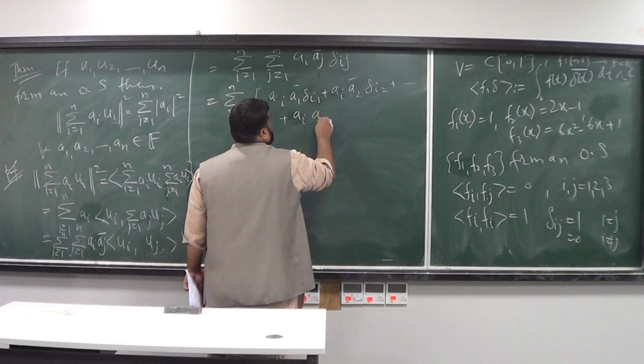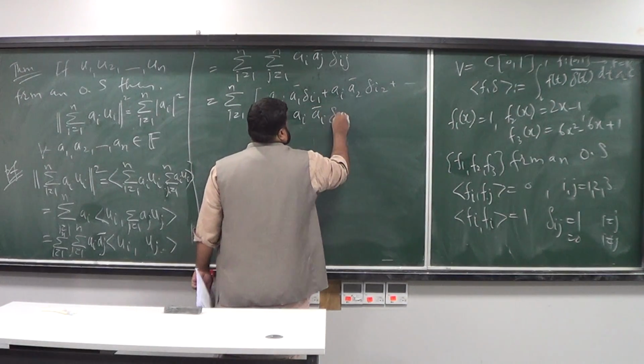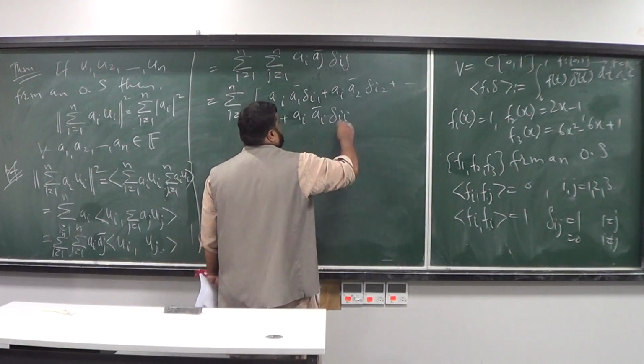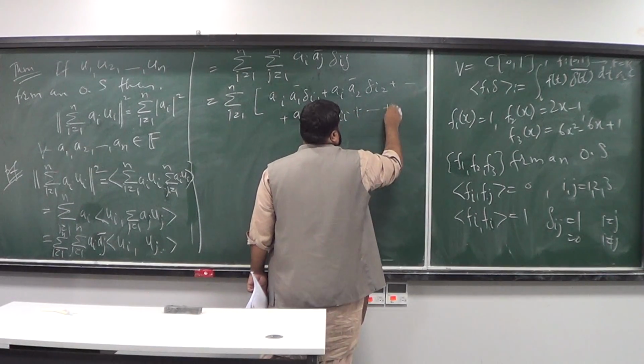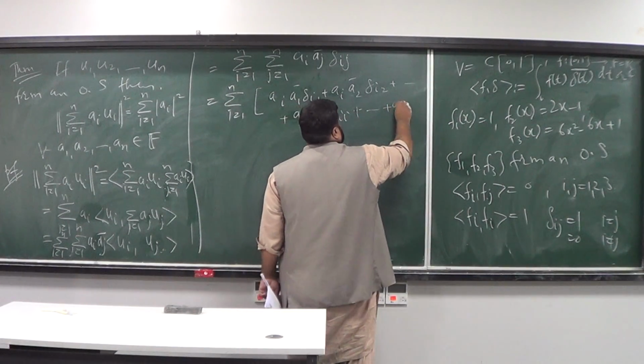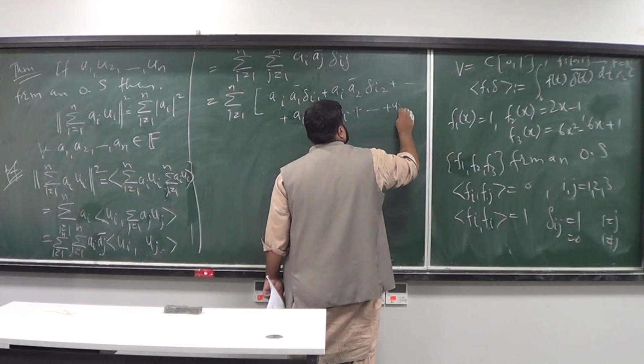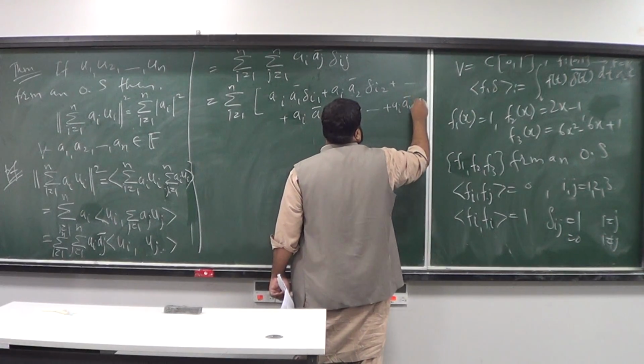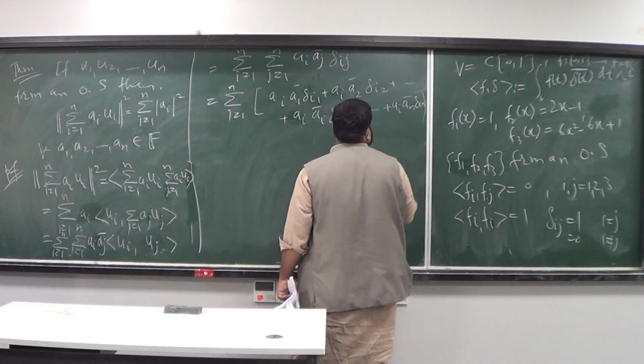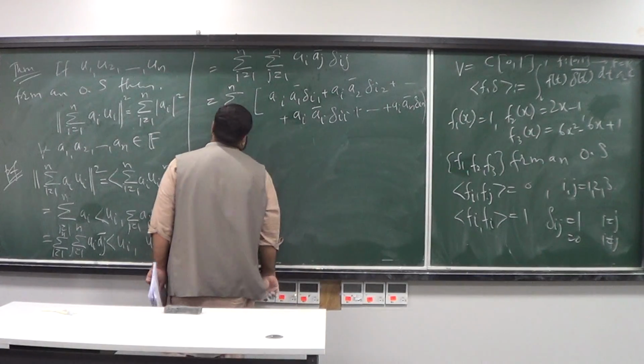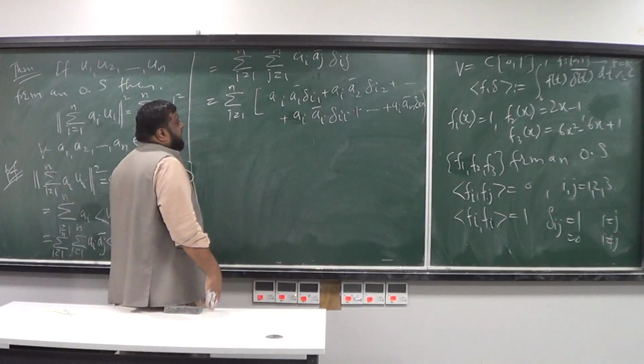So it's going to be a_i, a_i bar, delta ii, plus everything up to a_i, a_n bar and delta in. So I expanded this sum explicitly.